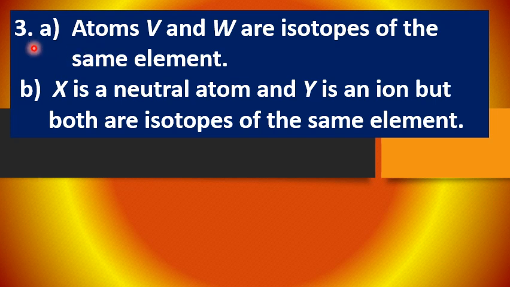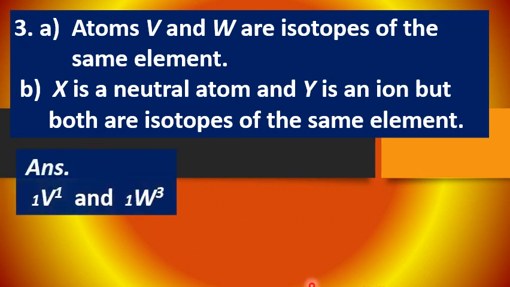For the last question, number 3, the first statement or statement A, atoms V and W are isotopes of the same element. Statement B, atom X is a neutral atom and atom Y is an ion, but both are isotopes of the same element. So we write first the chemical symbols of atoms V and W. And the atomic numbers of these atoms are the same, capital Z for both is equal to 1.